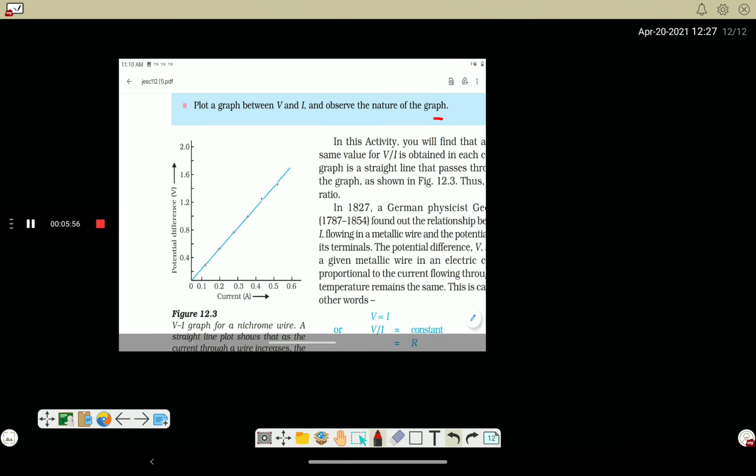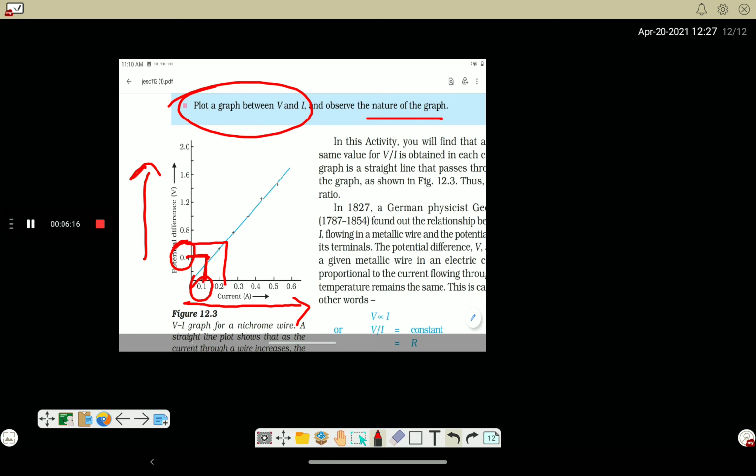So if we make a graph, nature of the graph. If we plot a graph between V and I, okay, so there is in the x-axis current and the y-axis potential difference. At 0.1, when the voltage is 0.4, the current is this one. So these points will come. So if we will join these points, a straight line graph will come. Okay.